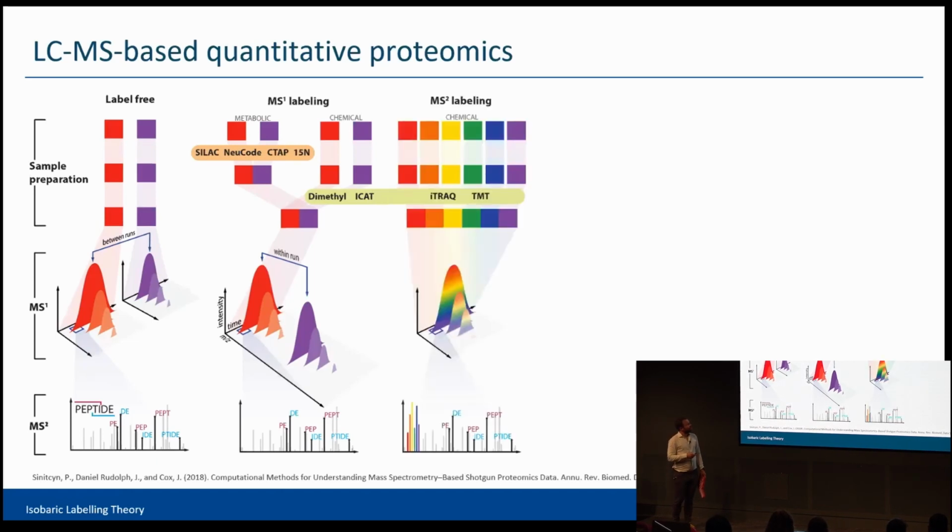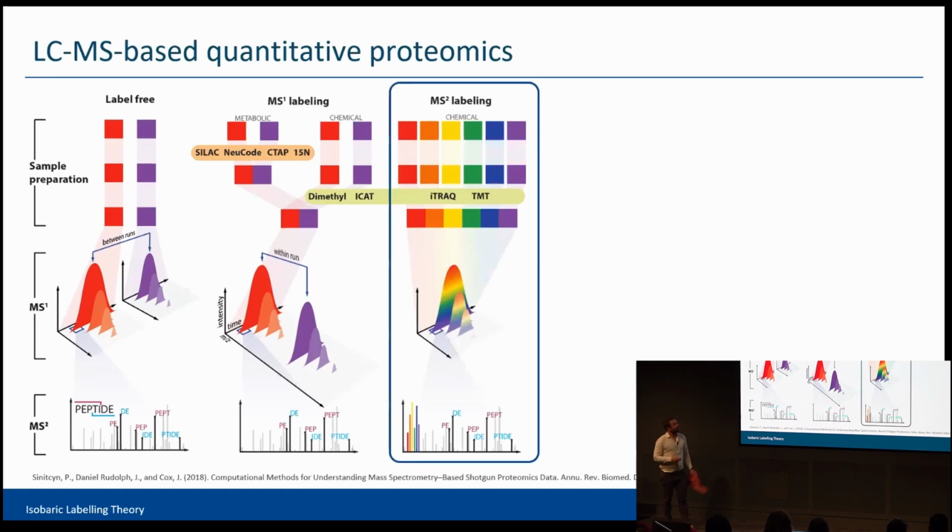file. But now we're talking about MS2 labeling, and this is chemical labeling. The basic idea is the same, to have a neutron-coded tag, but they're designed so that they all have the same weight, unless they are cleaved.